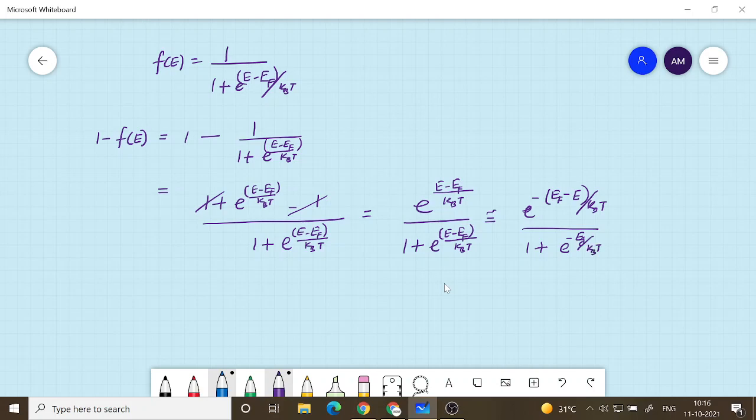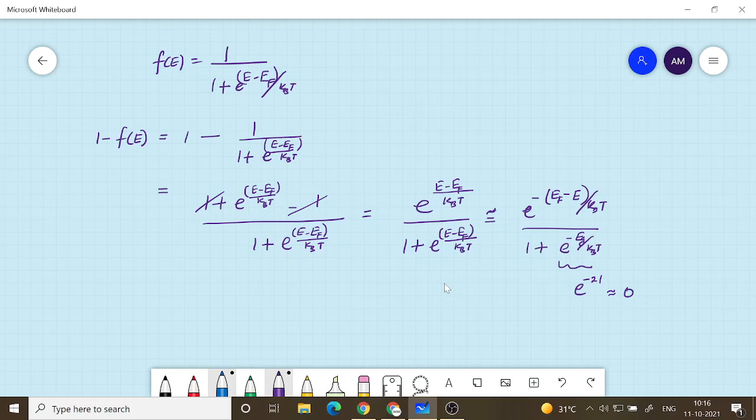Now this is a very small number. Why? Because it is like e raised to minus 21. Earlier it was plus 21, now it is minus 21, which is negligible, it is 0.